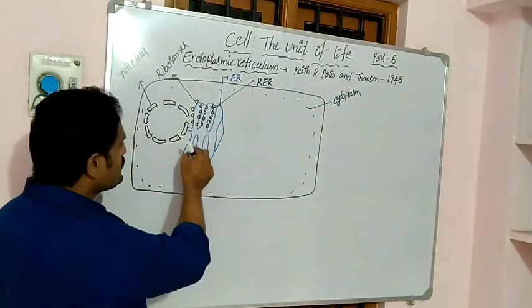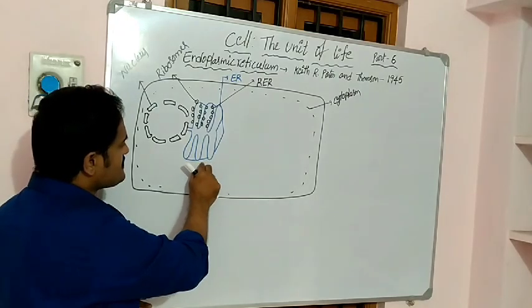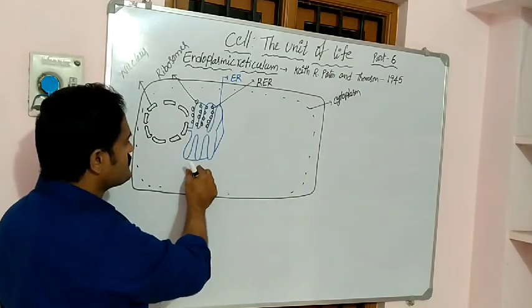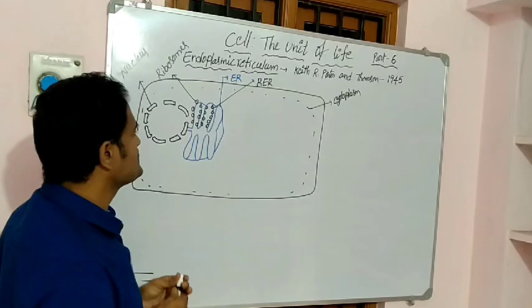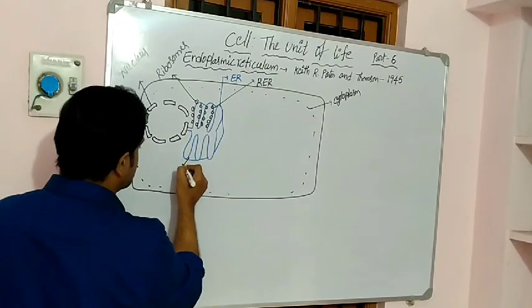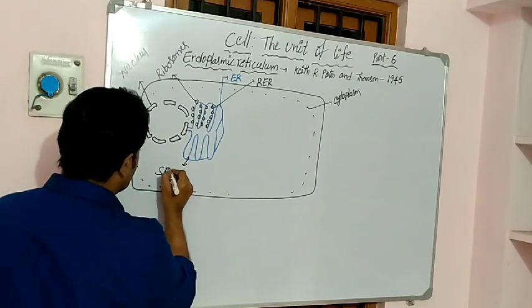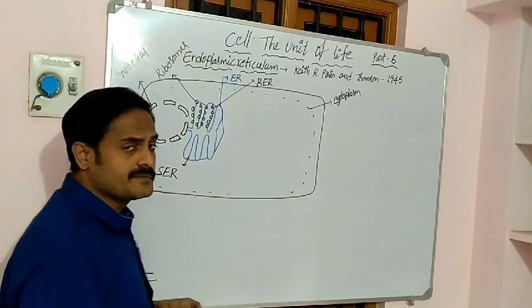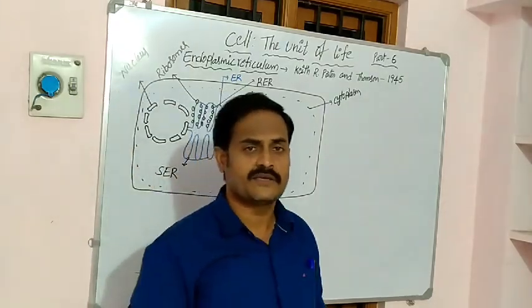The remaining portion, which does not have any ribosomes, is called SER, smooth endoplasmic reticulum.